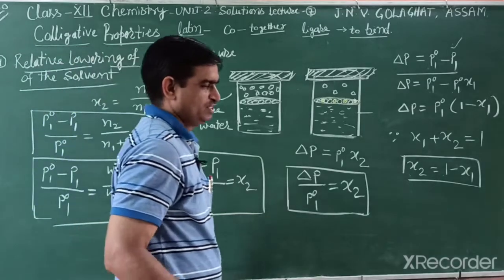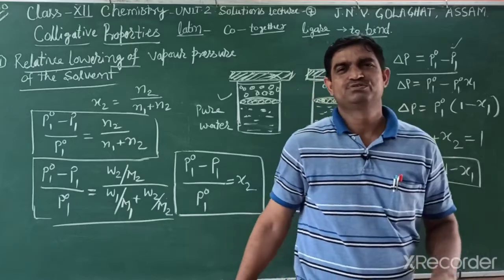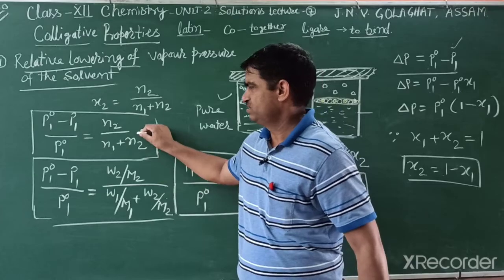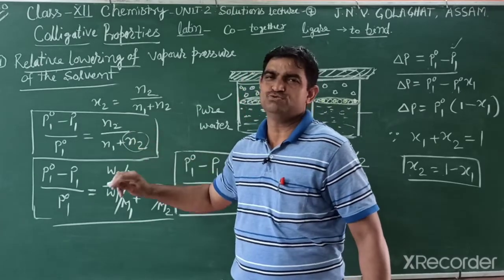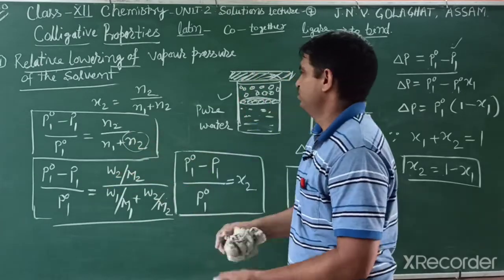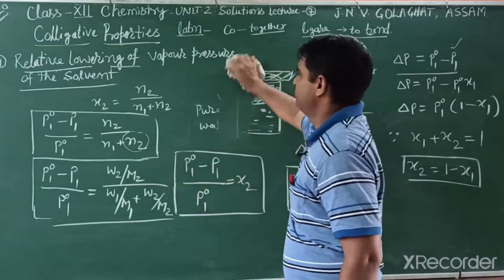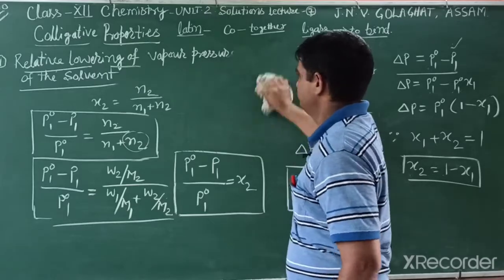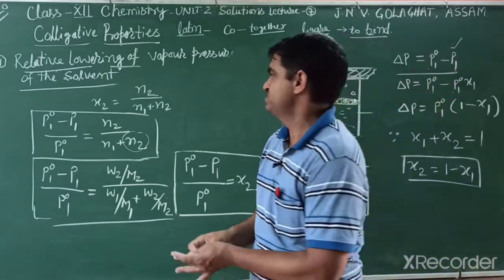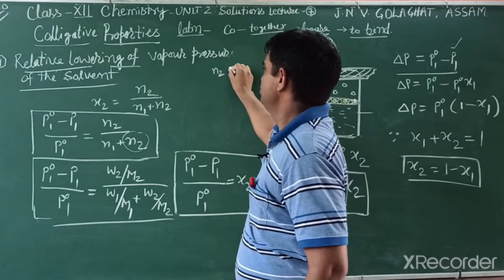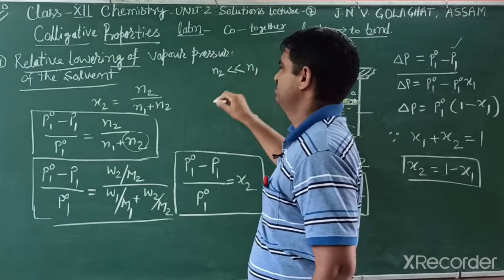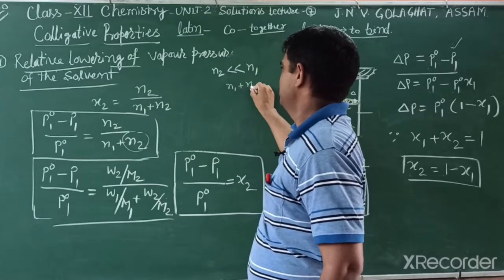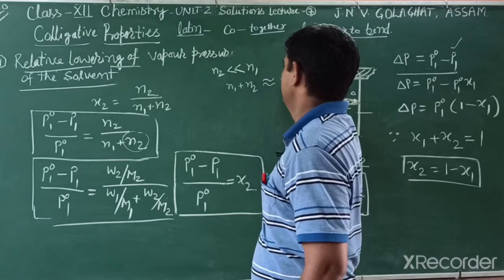But if the solution is very dilute, if you take a very small amount, then in the denominator N2 we can ignore. If N2 is very much less than N1, then we can write N1 plus N2 approximately N1.